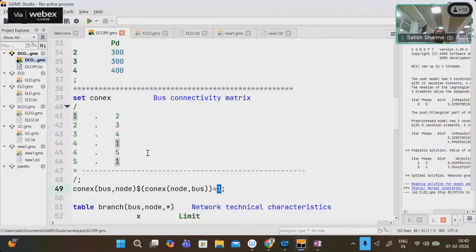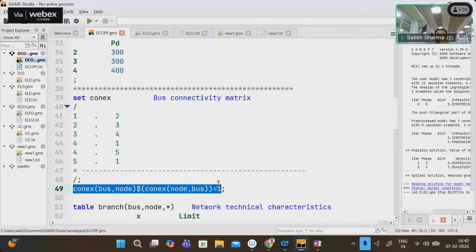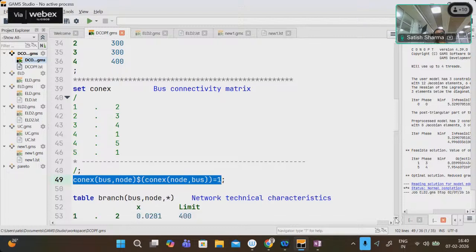In this particular set we have defined that the values are 1, so the lines are connected and the status is 1. This is how it has been defined.